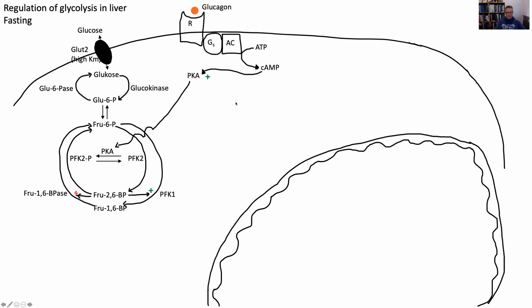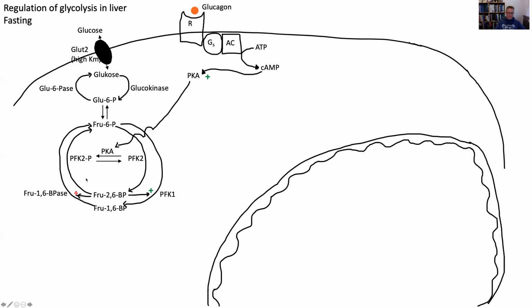And we know that under these fasting conditions, glucagon, as we saw before, will activate a G protein coupled receptor, or the glucagon receptor, that will stimulate the stimulatory G protein, which again will activate adenylate cyclase, leading to production of cyclic AMP and an activation of protein kinase A. Once protein kinase A is active, it will phosphorylate PFK2 and thereby change its activity from a kinase to a phosphatase.